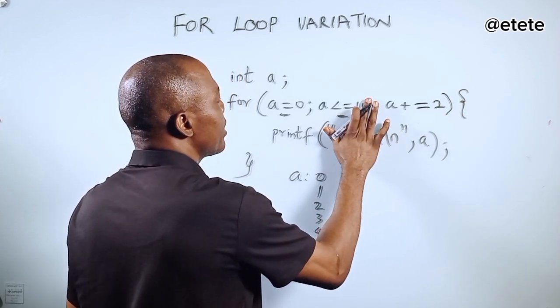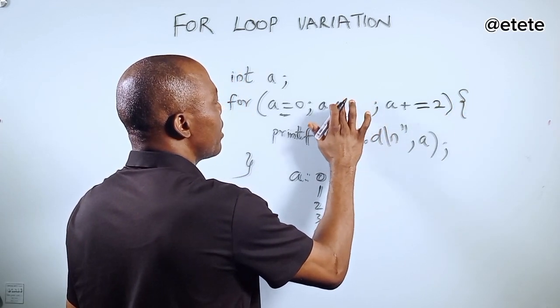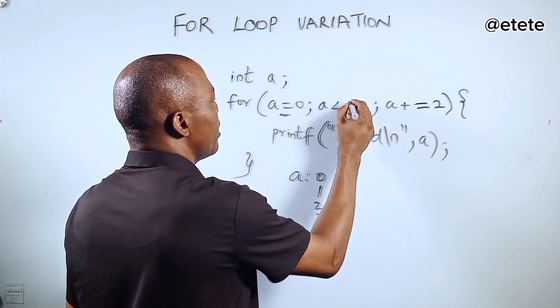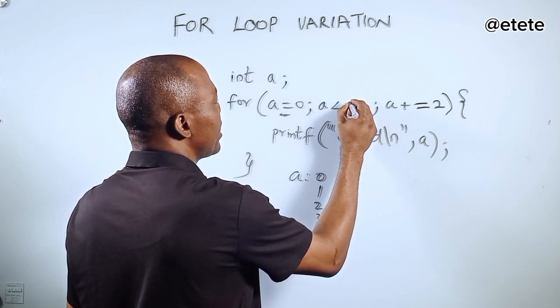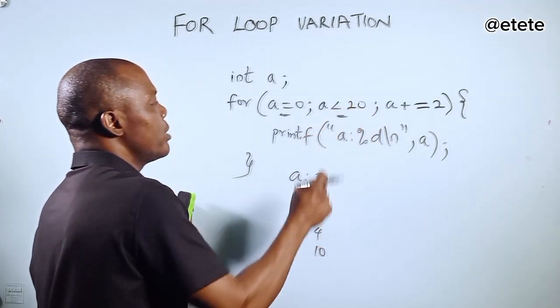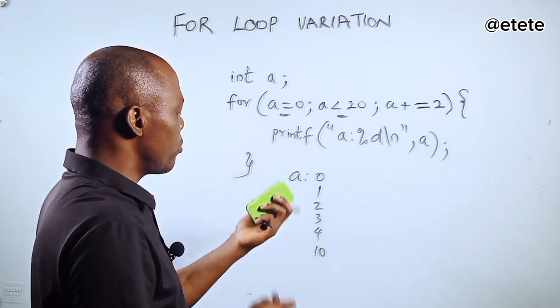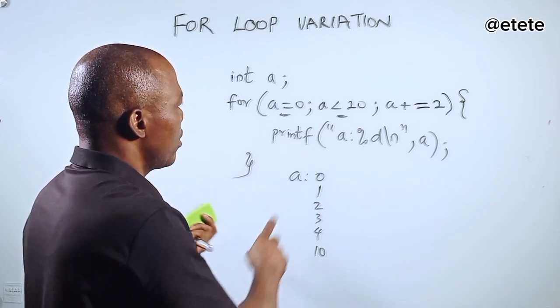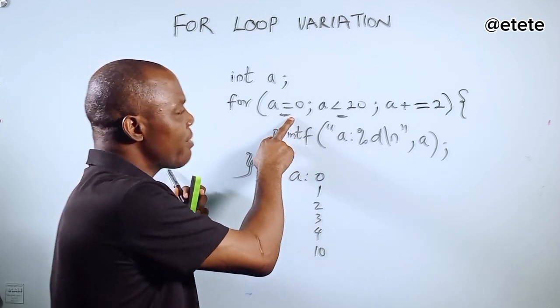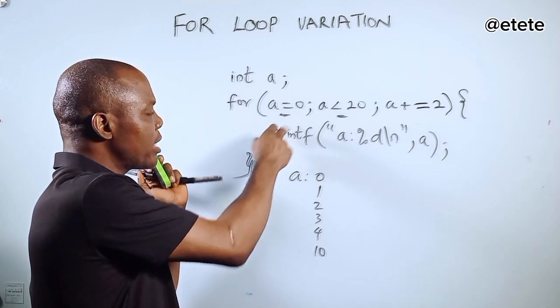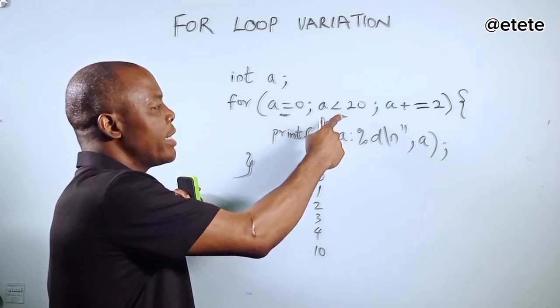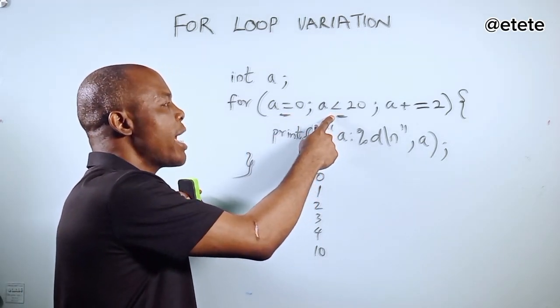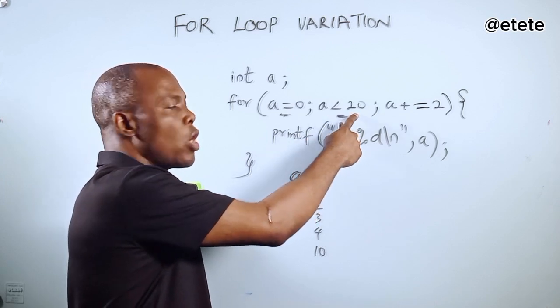If I do that, maybe a less than 20. Now, when I do this, what will be the output? So I am having my starting point as 0, and then I'm having my goal as counting up to 20.